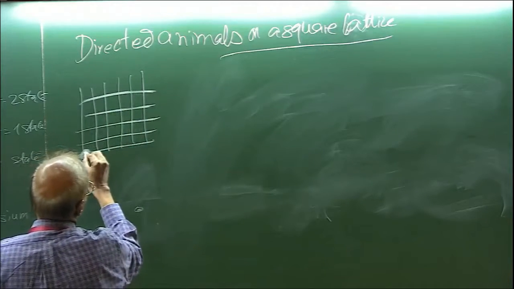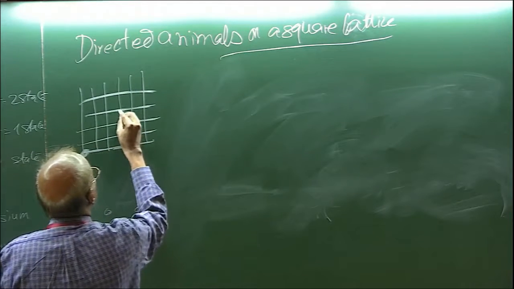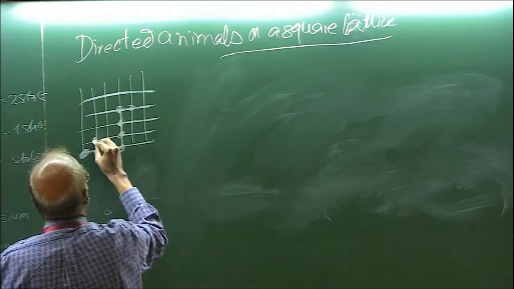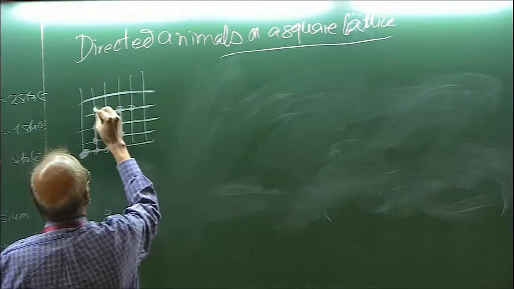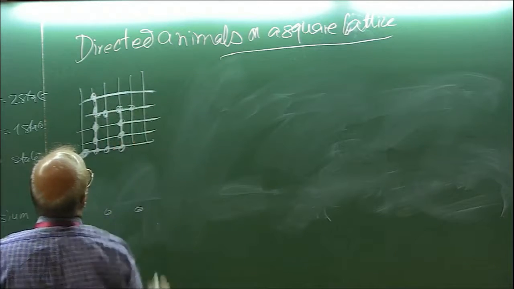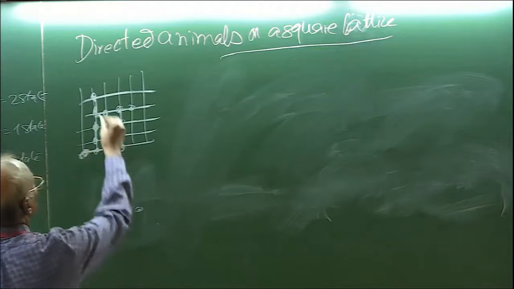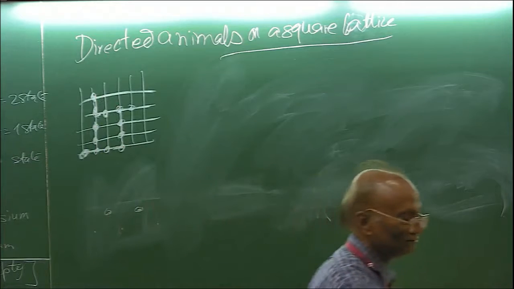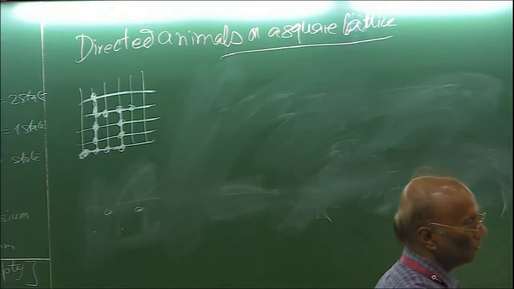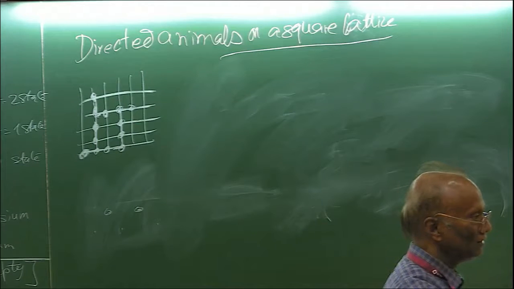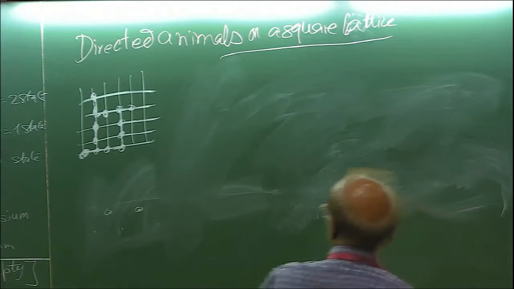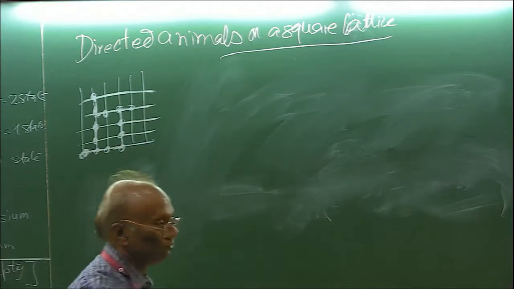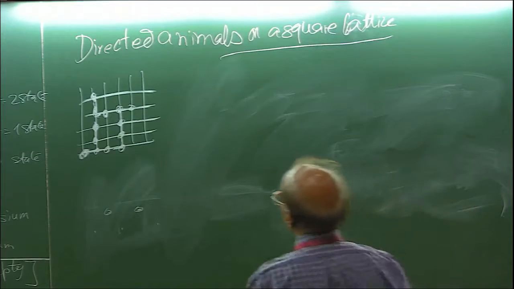An animal is a connected cluster of sites, where from any site there is a path to the origin using only occupied sites and going down or left. So you start with the origin, you occupy a site just above or just to the right of an occupied site and keep on doing this with n particles. And how many distinct configurations of the board can you get? That is the number an.